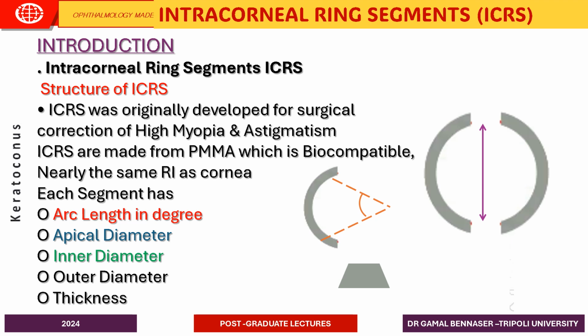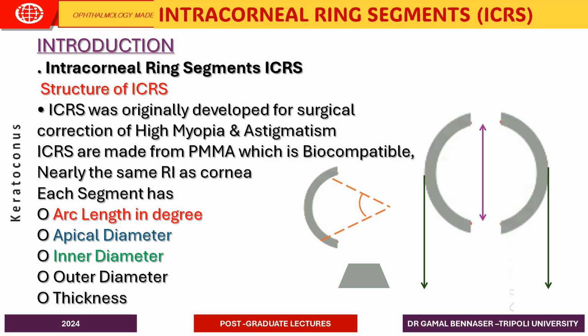The smaller the optical zone or the apical diameter, the more powerful the segments, and the larger the size, the less powerful. And the size is dependent on the mesopic size of the pupil. So if you have a small pupil size, you can use a 5 millimeter optical zone. If you have a large pupil, it is better to use the 6 millimeter size, to avoid the edge effect of the segments and the glare that can be induced by it.